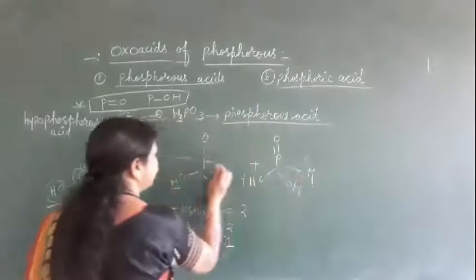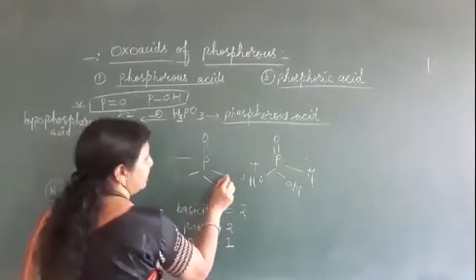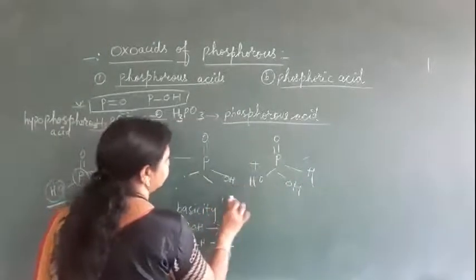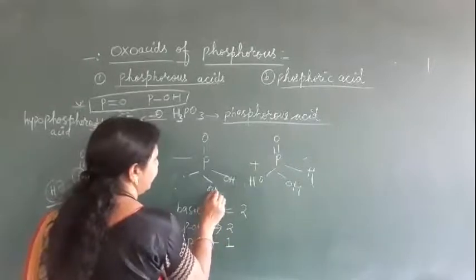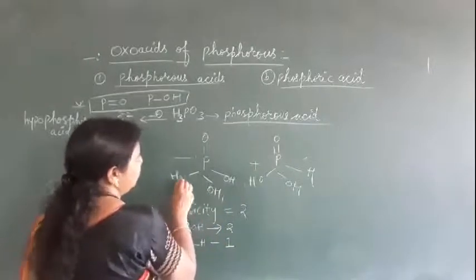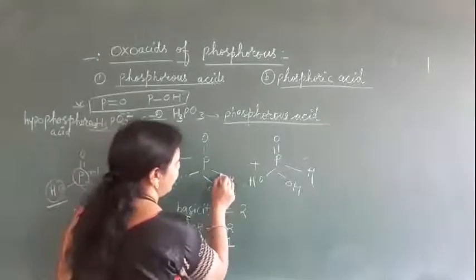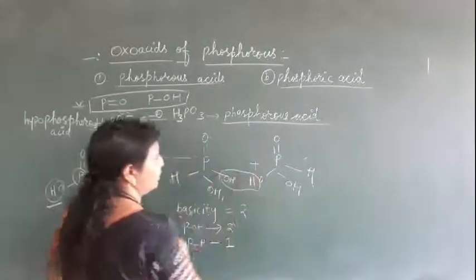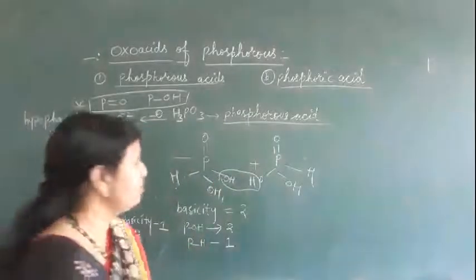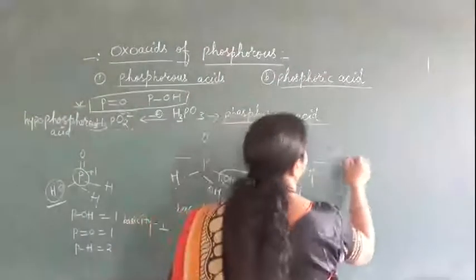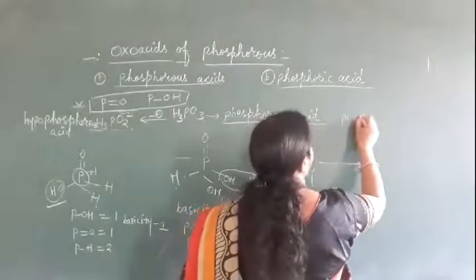See here, if I am writing OH here, here also OH and H. 2 phosphorus acids, if we add them and remove the water molecule, then we will get pyrophosphorus acid.